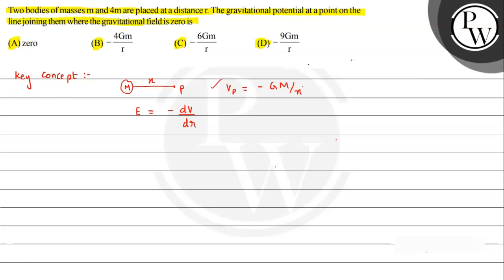We can see that potential is a scalar quantity and the gravitational field is a vector quantity, so we need to consider the direction.